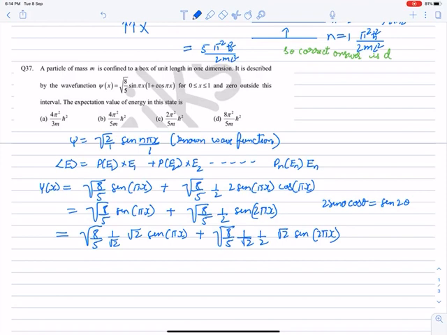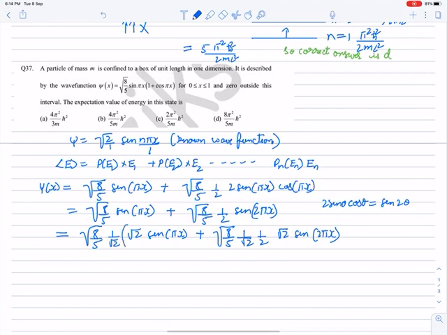I have told you in my previous videos also that you have to change the given function into the known wave function. The known wave function is psi equal to under root 2 upon 1 sine n pi x upon 1. So I have changed it into this form by dividing and multiplying by under root 2.